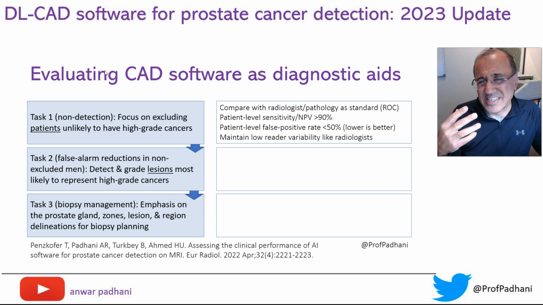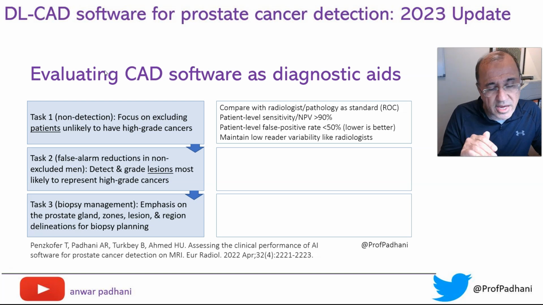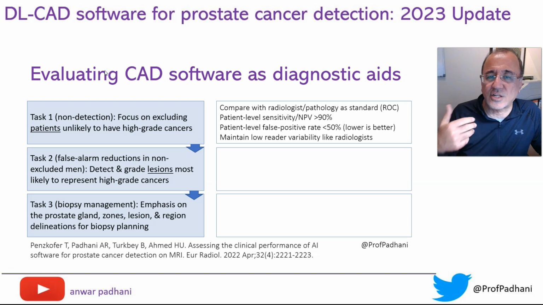So if we think of the standards that we'd like to apply to AI software, remember the first task was to focus on excluding patients unlikely to have a clinically significant cancer. So we would expect a high level sensitivity above 90%. We would expect a high negative predictive value, and we want a false positive rate that's below the average for a radiologist, which is about 50%.